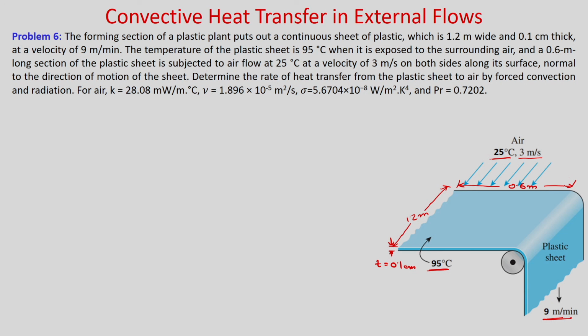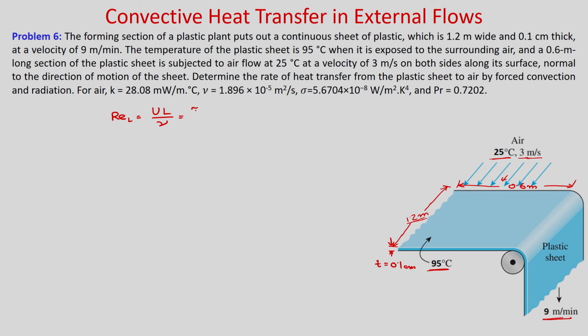Okay. So, now first let us calculate the Reynolds number and see whether the flow is laminar or turbulent. Reynolds number is based on the width, because flow is taking place in this direction. So, if you consider this as a flat plate, then the length of the flat plate will be 1.2 meter. So, Re_L will be just UL by nu, where U is the air velocity.